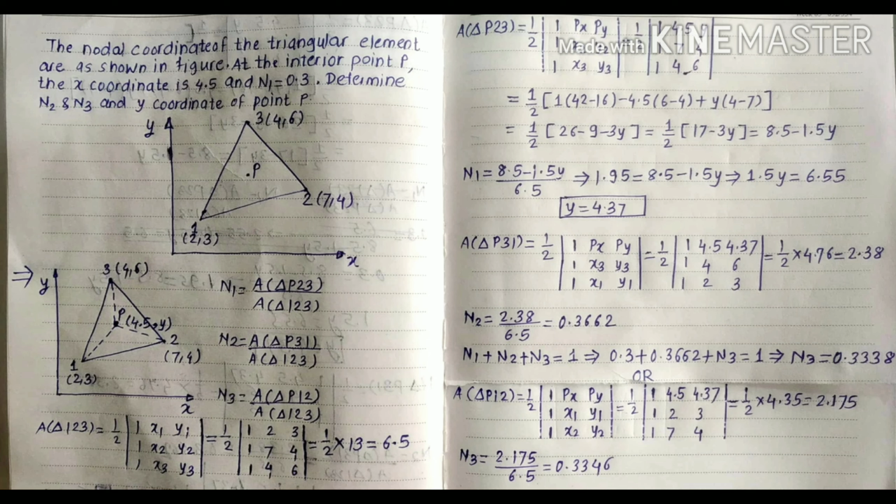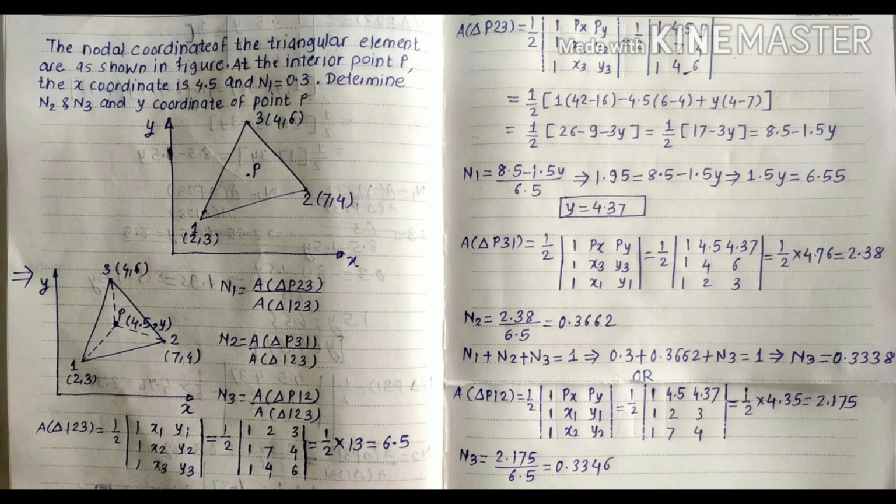Now in order to calculate the value of n3, I can use this relation: n1 plus n2 plus n3 will be equal to 1. So if I put this, I will get the value of n3 is equal to 0.3338. Or initially I will calculate area of triangle P12 is equal to 1 by 2 into mod of 1 px py, 1 x1 y1, 1 x2 y2.